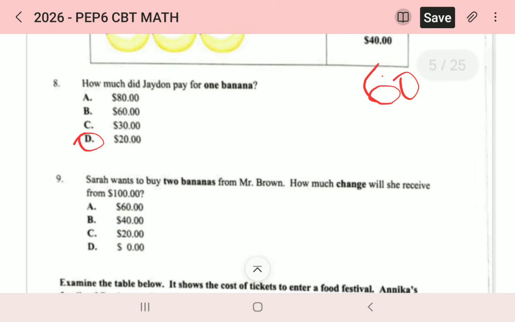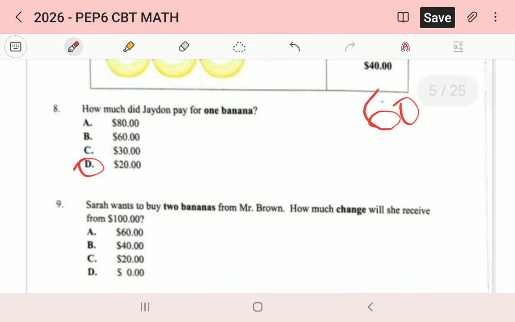So she is going to spend $40 for her 2 bananas. 2 20s, $40. She has 100. So, how much change? So Jadon got this $40 change. She's the opposite, so she would be getting $60 change. All right, because her 2 bananas is $40.